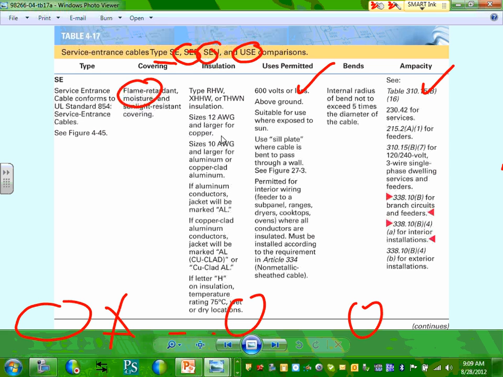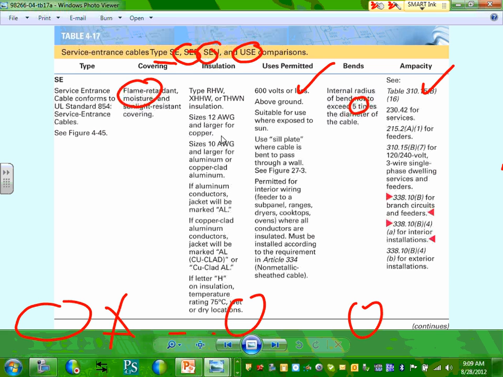Here's the installation. Can you guys see where SE is used? It's used for XHHW. A lot of conductors have XHHW in them. 600 volts or less, above ground, suitable for use where exposed to sun, because when we bend it, not more than 5 times the radius.